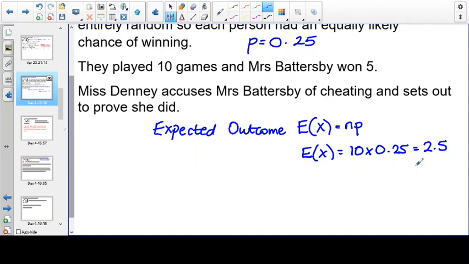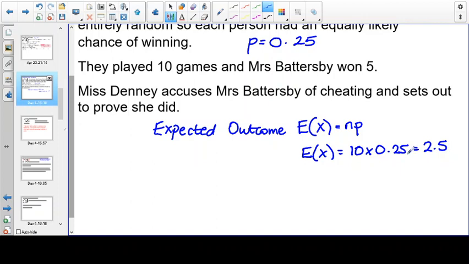Okay. Now, what you need to be thinking about is: is 5 wins beyond all realms of possibility? What are the chances of me winning 5 games? Well, you think it's entirely doable, perhaps. If I'd have won 9 games or all 10 games, then you'd think the chances of me winning all 10 games would be incredibly small.